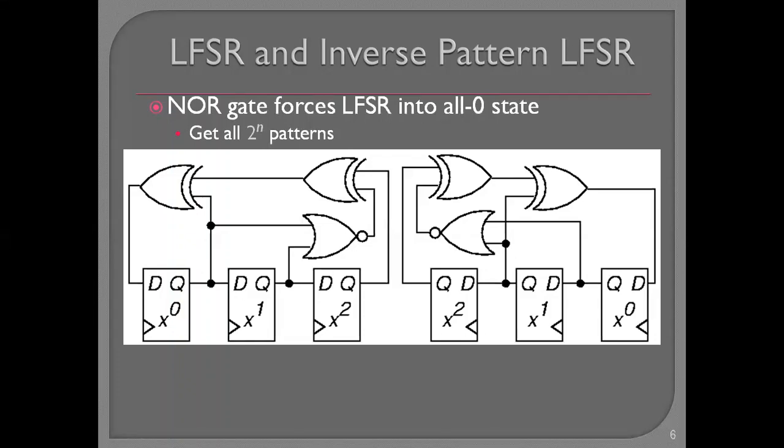So this is a special or modified form of the LFSR we had seen, in which this NOR gate has been included. Okay, so with the inclusion of this NOR gate, you are able to cater to your all 0 states.